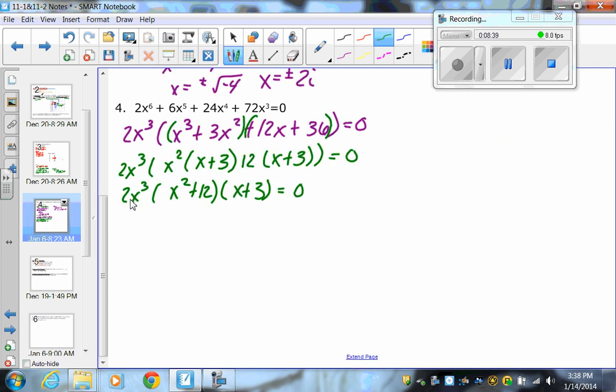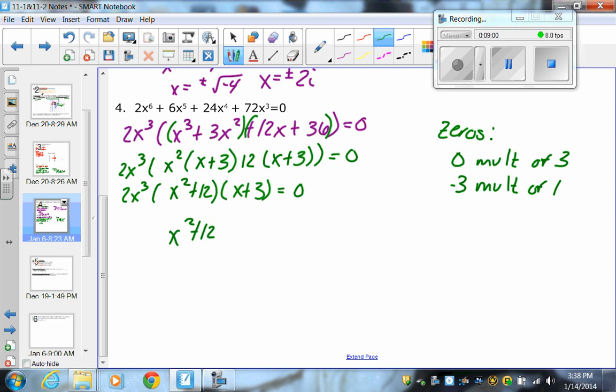So I see I have a 0 with a multiplicity of 3. I see I have -3 with a multiplicity of 1. But I need to finish solving this one. So I have x squared plus 12 equals 0. So x squared equals -12.